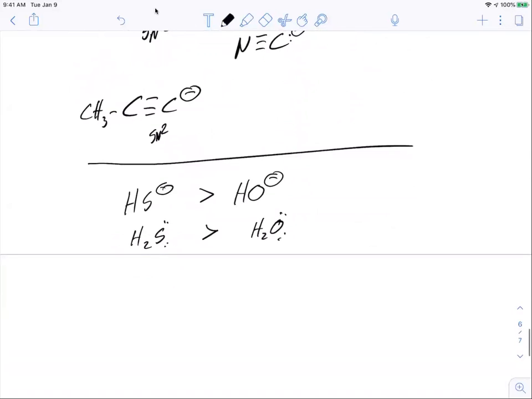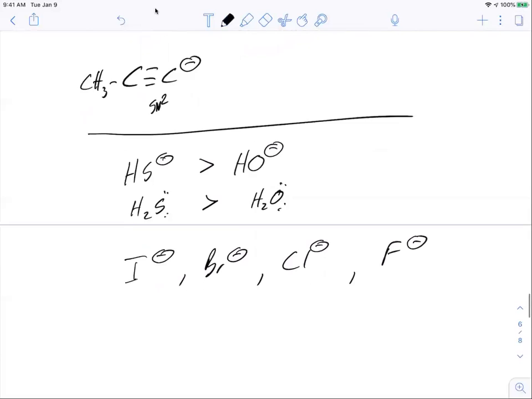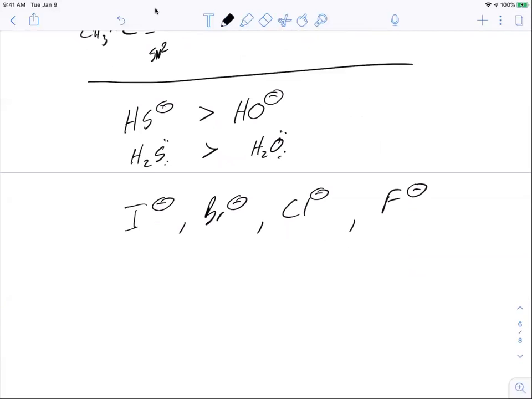Now, halides are good nucleophiles. Fluoride is a good nucleophile, but fluoride carbon chemistry is really unique. You do see it in some places, but actually making carbon fluorine bonds is unique.